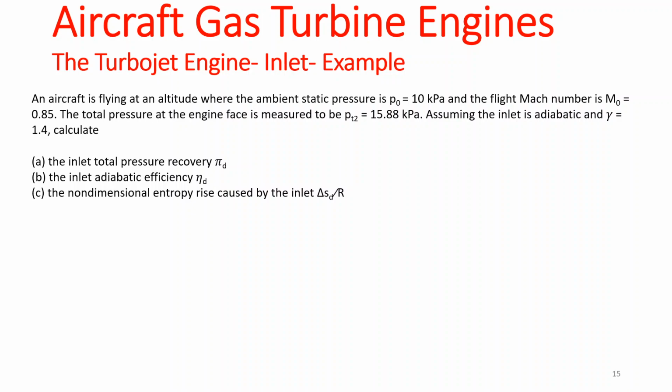The total pressure at the engine face, meaning at the compressor, which is station 2, is Pt2 = 15.88 kilopascals, and we are assuming the inlet is adiabatic and gamma is 1.4. We are asked to calculate pi_d, or your pressure recovery, or the total pressure ratio. How would you go about doing that? What was the pi_d?